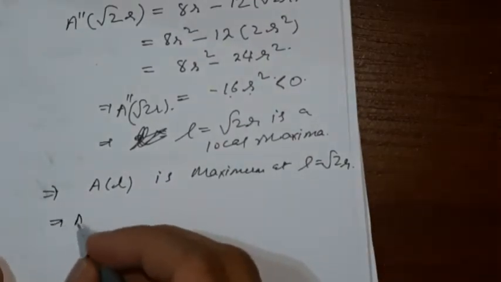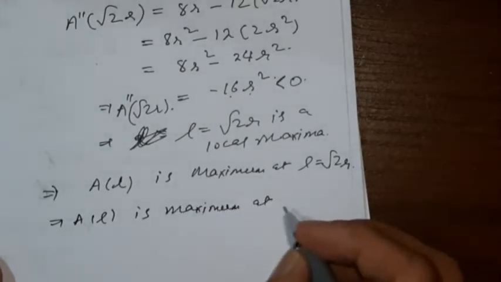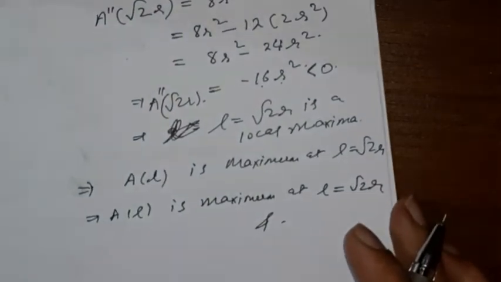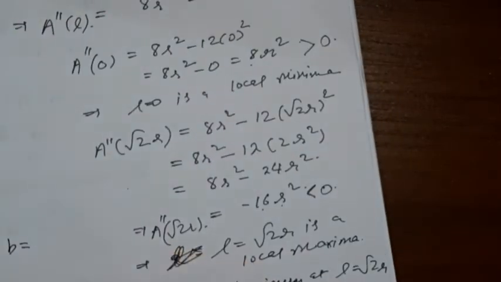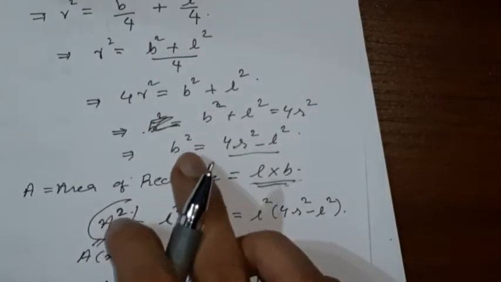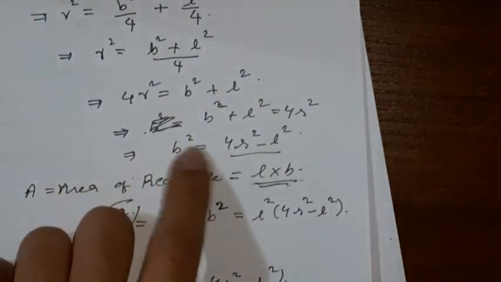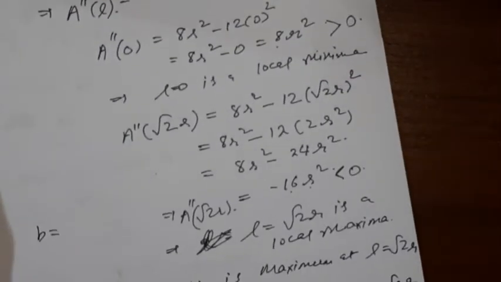We have to find the breadth also. Now what is the equation for breadth? We had got this here: b square is equal to 4r square minus L square. This is the relation between breadth and length, so we have to use this. We have the length as root 2r.